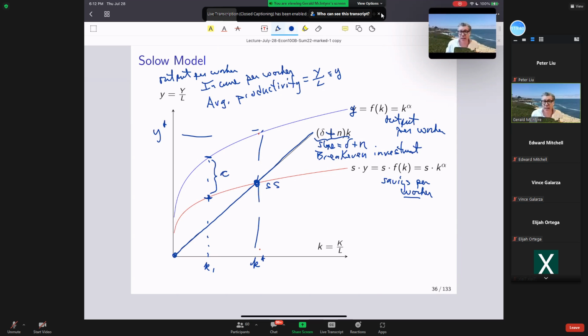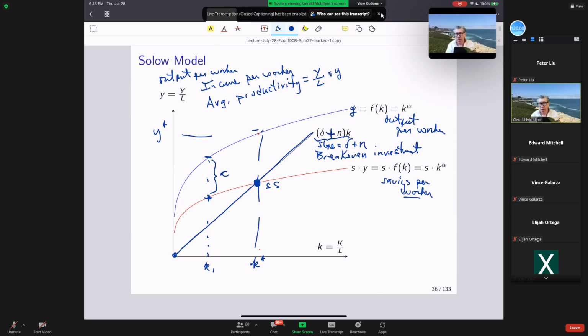And if you do exactly that, no more and no less, then you're right here. You've done enough savings to cover what's falling apart and enough savings to give the newbies who are entering the economy as workers the same capital as everybody else. And there's nothing left over, so you'll be steady at a steady state. That's the logic of that intersection.